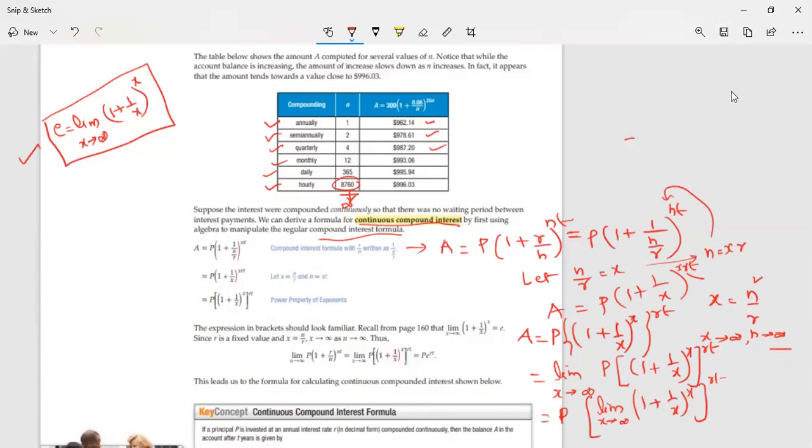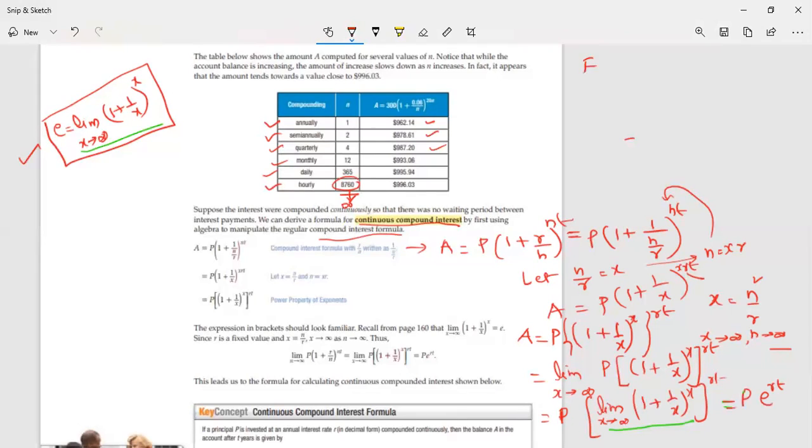This is the formula for exponential, so it can be replaced by e. So we can write P e raised to power RT.